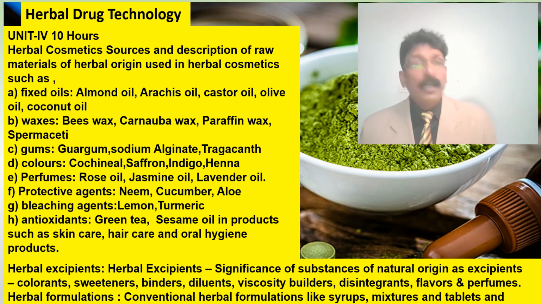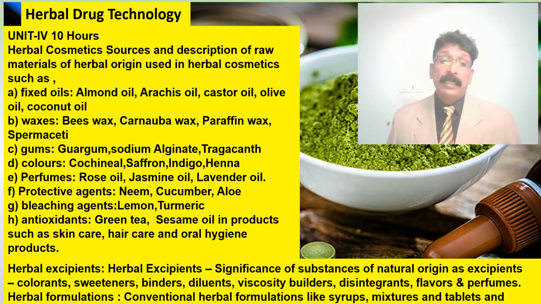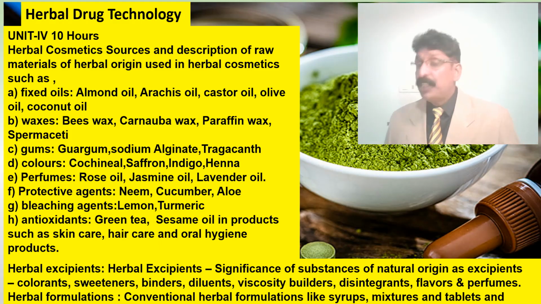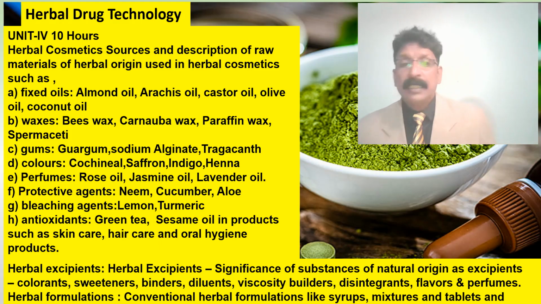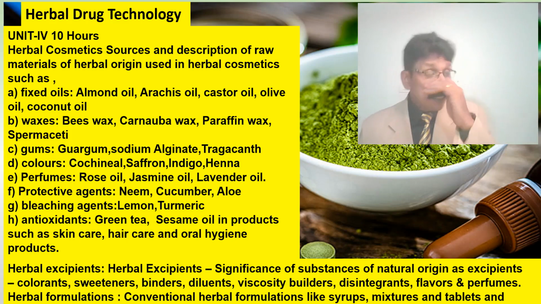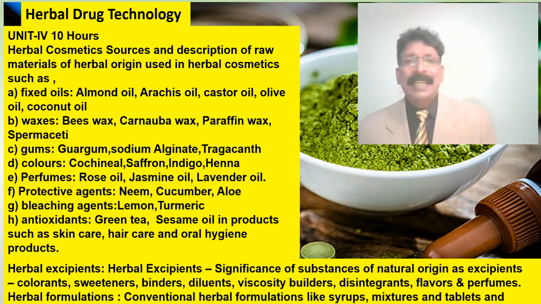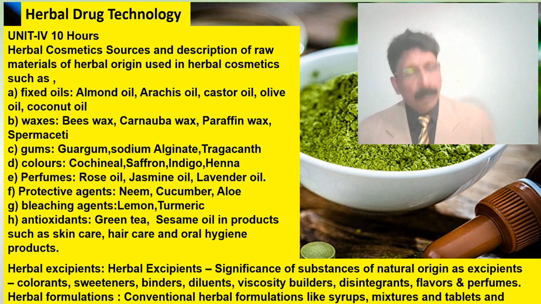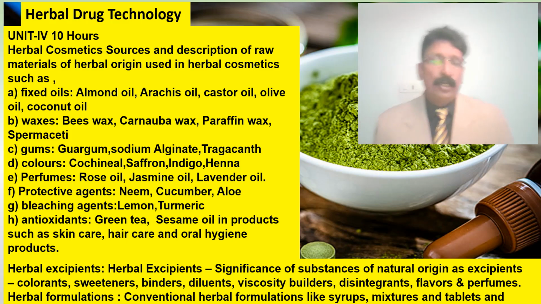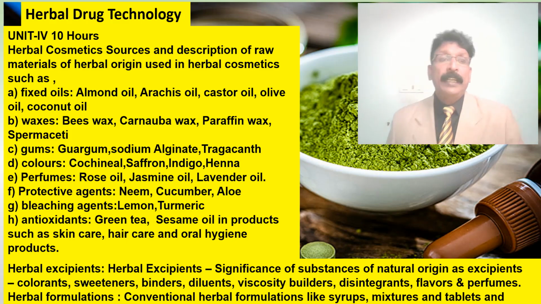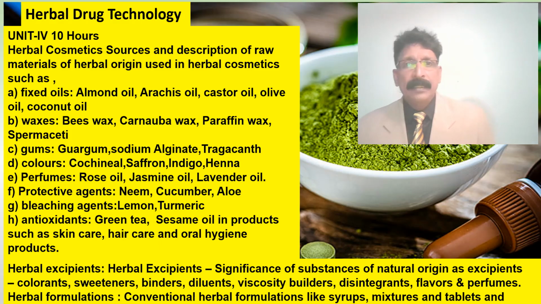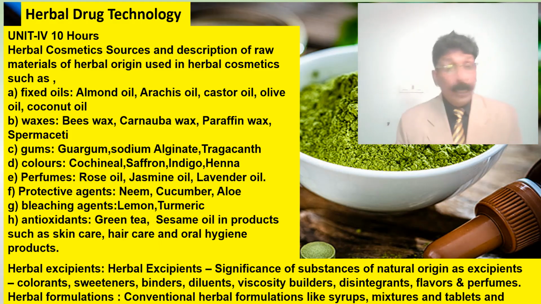Herbal formulations include tablets, conventional herbal formulations like syrups, mixtures and tablets, and novel drug delivery systems like phytosomes, including nanoparticles and encapsulation. All these things can be included in herbal formulation also. So it's very important, not only the theoretical knowledge which you studied, which I have already taken in 6th semester about the laws and rules and various alternative medicines. Apart from that, this is also a very major important chapter.